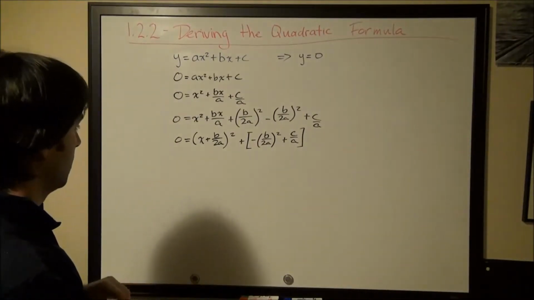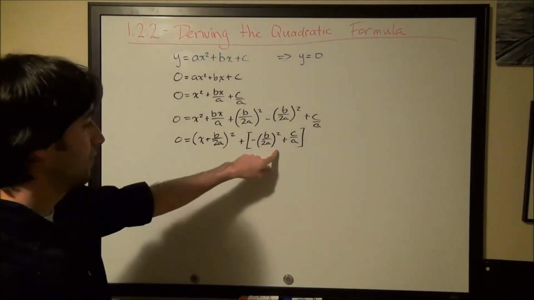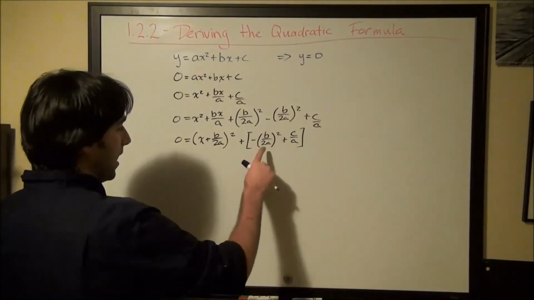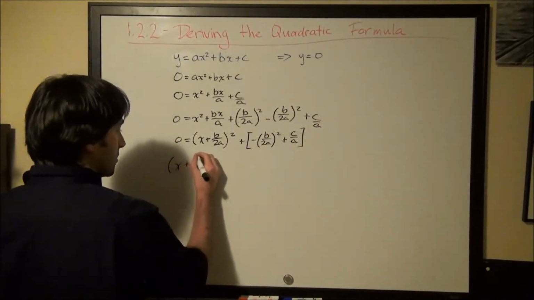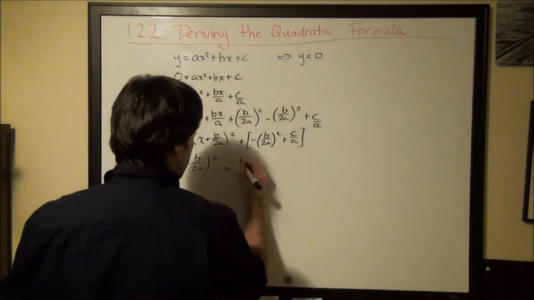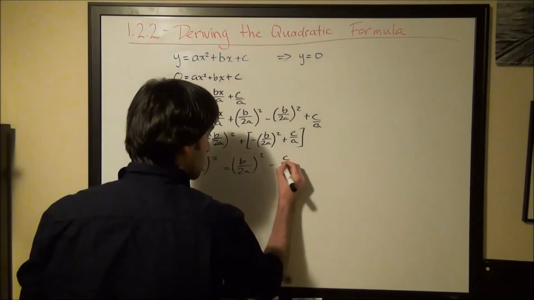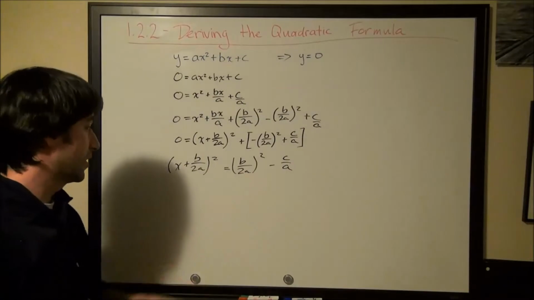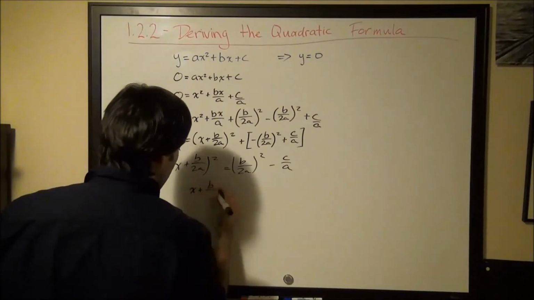So we'll get x plus b over 2a squared is equal to the negative of that. So when this goes over, c over a will become positive, and this positive will become a negative. So we'll have x plus b over 2a squared is equal to b over 2a squared minus c over a. The next thing we have to do is take the square root of both sides. So on the left hand side, this will be relatively easy. We'll have x plus b over 2a.